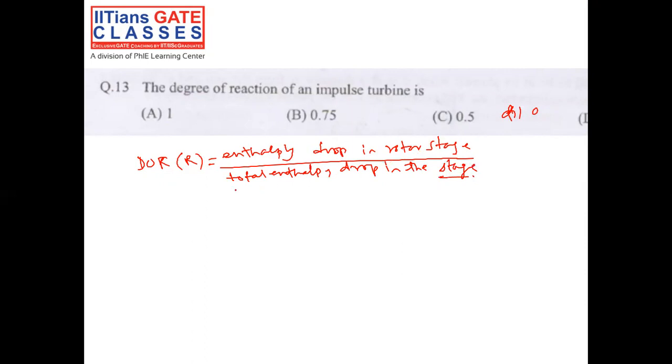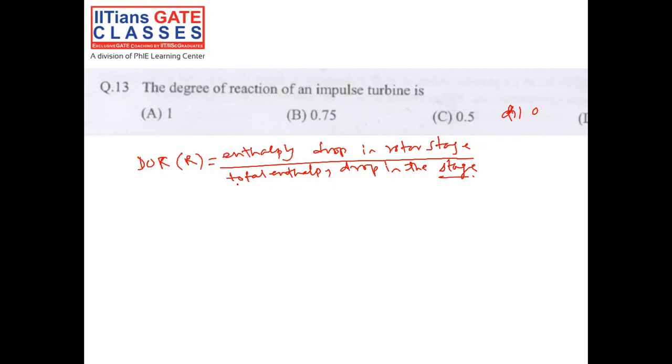In case of impulse turbine, in fact, impulse turbine is characterized by the expansion of gas, which only takes place across the stator nozzles, and the rotor blades only act as directional vanes to deflect the direction of the flow.